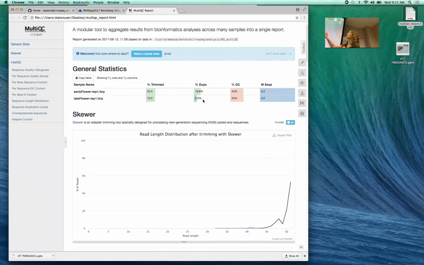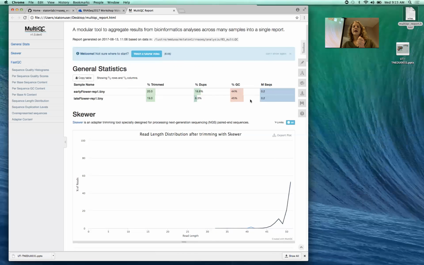This is not something I worry about too much in RNA-seq data, just because you do have genes that are highly expressed, and so they eat up a lot of your sequencing. This is a bigger deal if you're doing DNA sequencing, because you have the same read that's being sequenced over and over and over, it could mean you have some PCR problems. It could mean you have some contamination. It's not something I worry about too terribly much in RNA-seq.